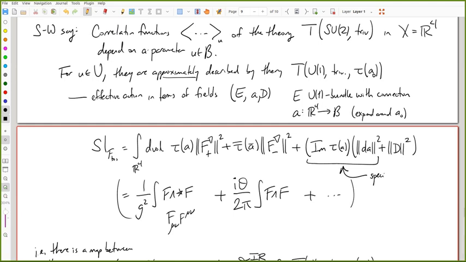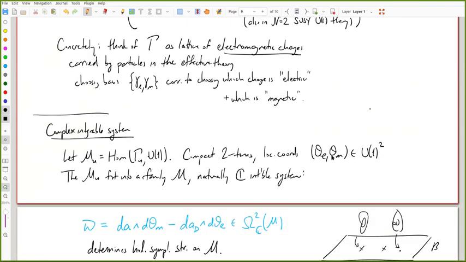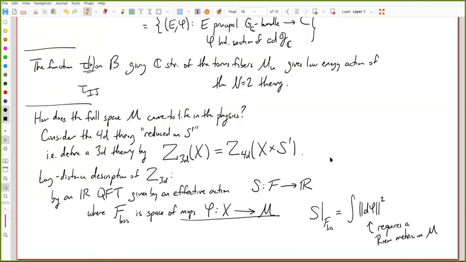This is a special Kähler metric on B. In other words, literally the metric is of the form imaginary part of tau of A, dA squared. So the quantum field theory automatically produces for you a metric. Here it's a metric on the base of the integrable system. But when you study the 3-dimensional theory, it produces for you a metric on the total space of the integrable system.